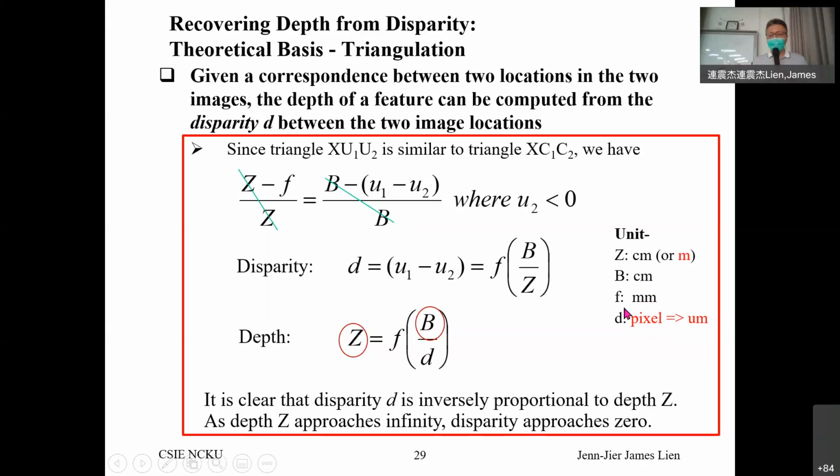The focal length unit is millimeters. The important one is the disparity, in pixels. Sometimes it is in mm, the distance between pixels.